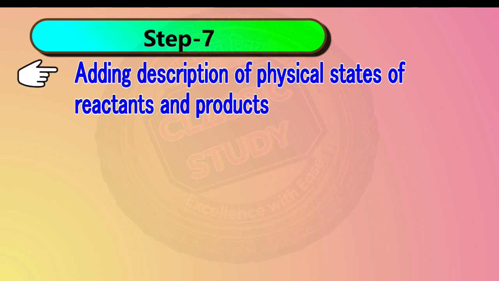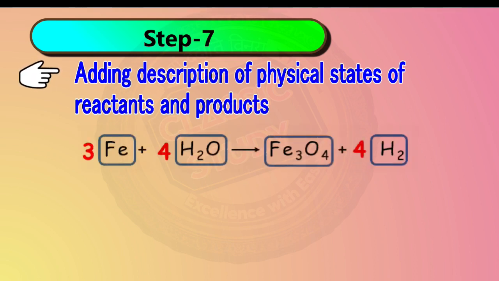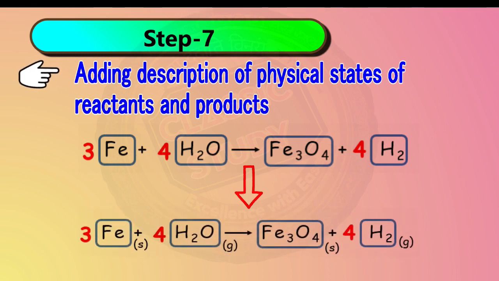Next, we can also add the description of the physical states of the reactants and products. This makes the reaction more descriptive and lets us understand the state of each element, because if you remember, when we wrote the word equation we said iron combines with steam. So if we put the states here, we have Fe, which is solid.